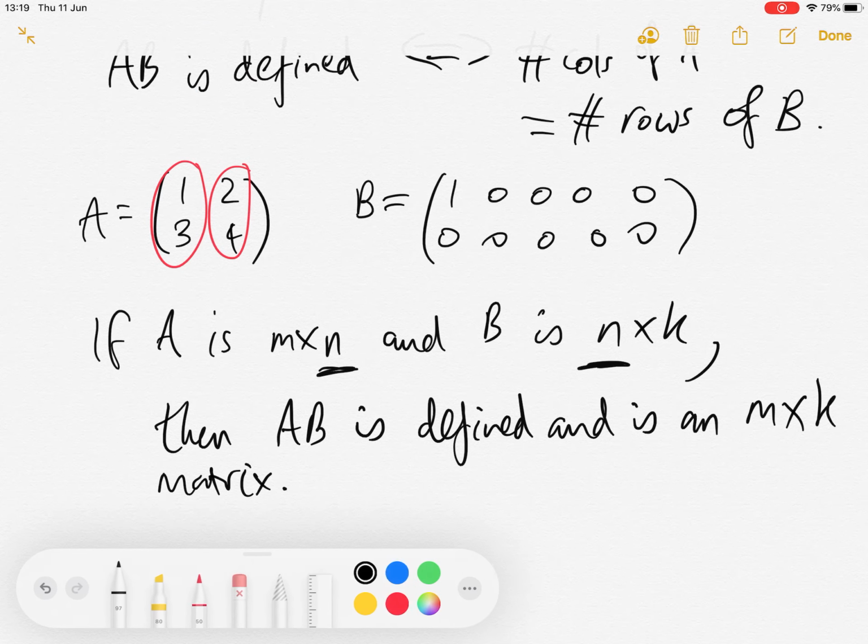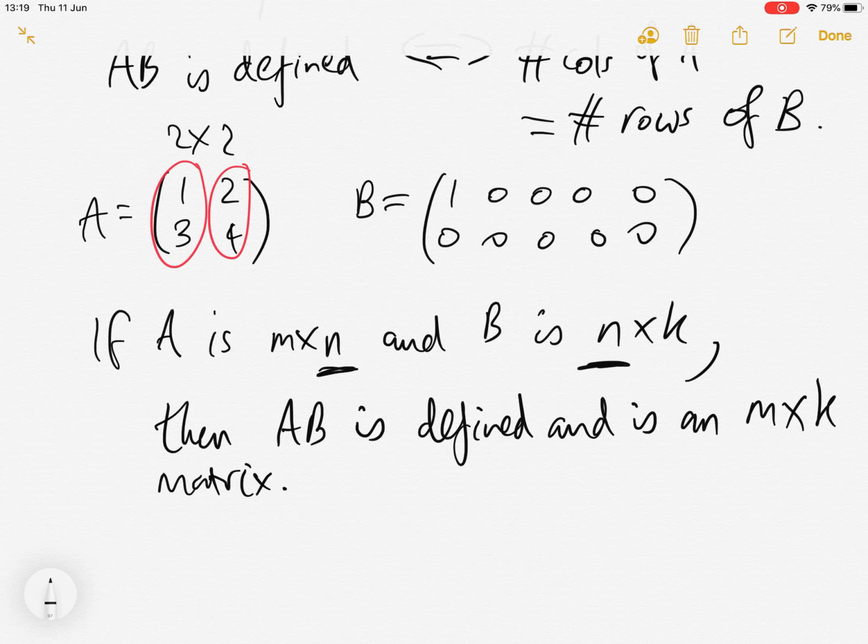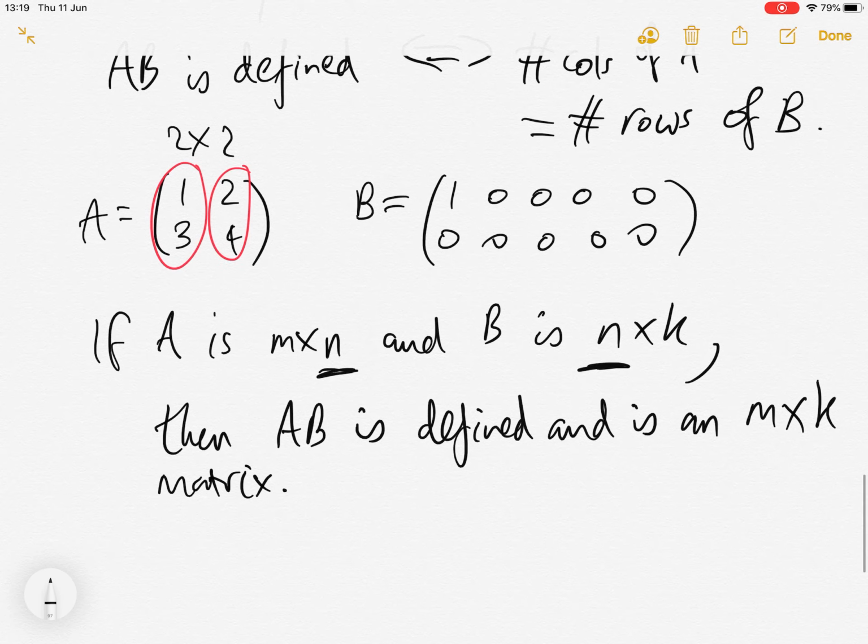So here A is 2 by 2 and B is 2 rows by 5 columns. So we're expecting the answer, AB, to be a 2 by 5 matrix.